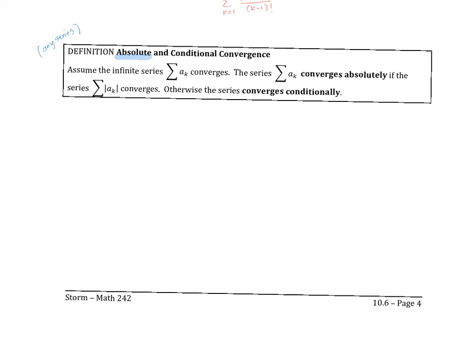So if it converges absolutely. However, we can also look at what we call the conditional convergence. So this idea of converging conditionally only applies to alternating series. Series that are not alternating do not converge conditionally.